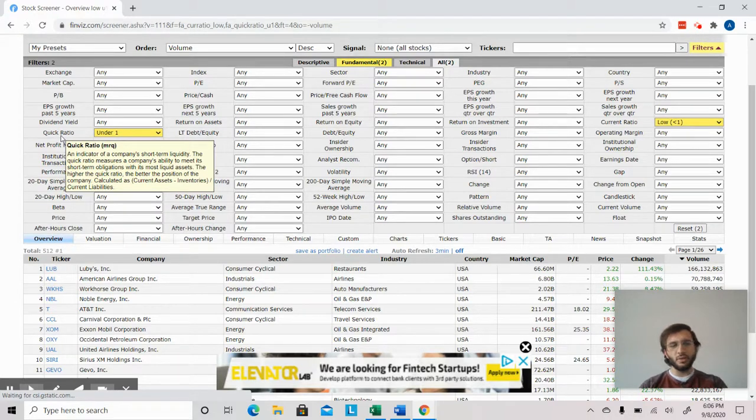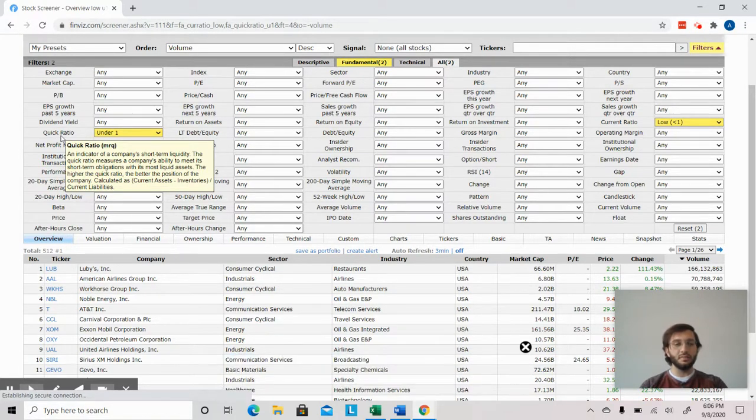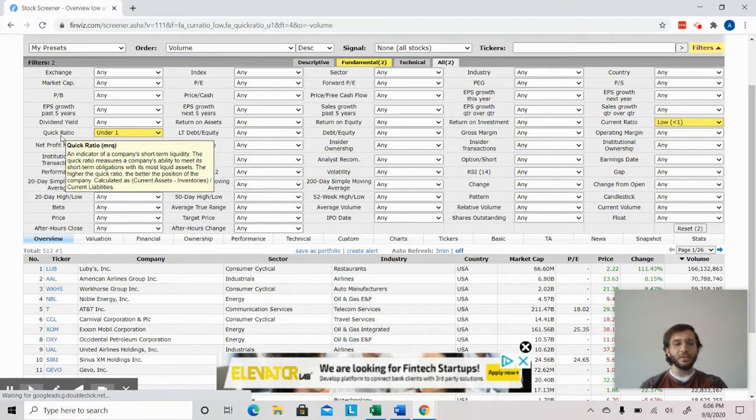Whereas with inventories, prepaids, and some other assets, it's very difficult to make those liquid cash. So the quick ratio, even more so, is able to basically tell you if their cash is enough to be able to meet the obligations.